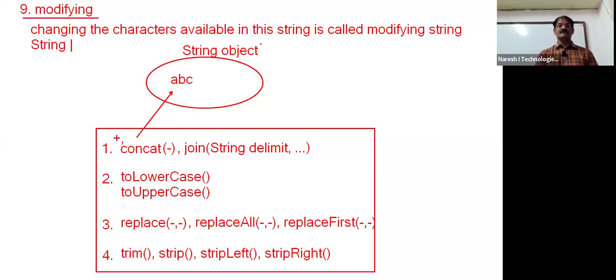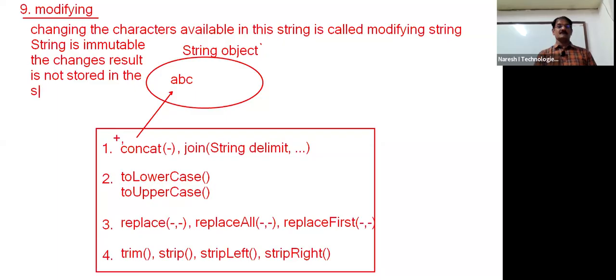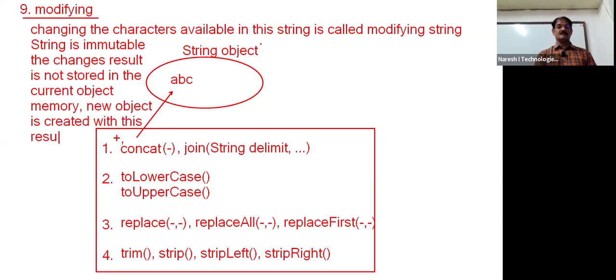Very, very important: String is immutable. What is the meaning of immutable? The changes result is not stored in the current string object memory; a new object is created with this result and returned.